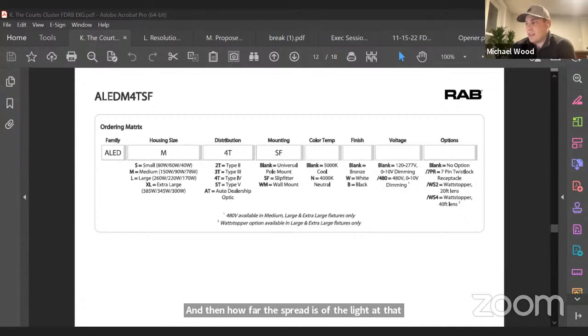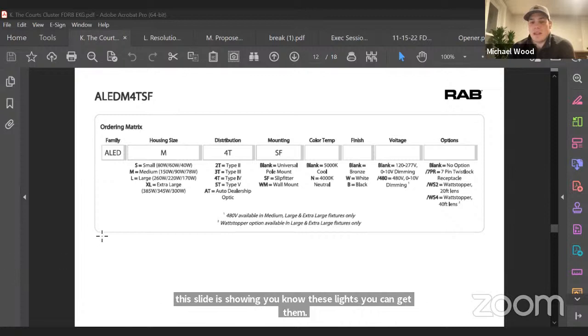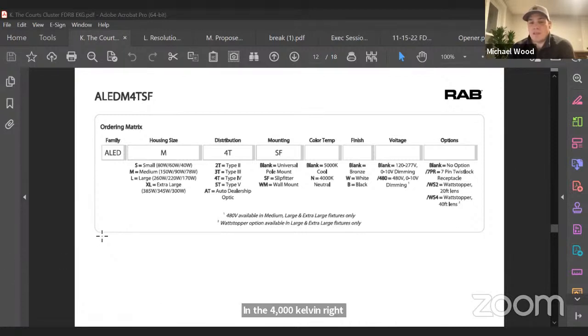Another thing we recommend for site lighting is 4,000 Kelvin, and that's strictly not a brightness, that's a color temperature. This slide is showing these lights can be gotten in the 4,000 Kelvin range. 5,000 is what we recommend for signage on commercial properties, and you probably wouldn't want that color temperature in your parking lot.